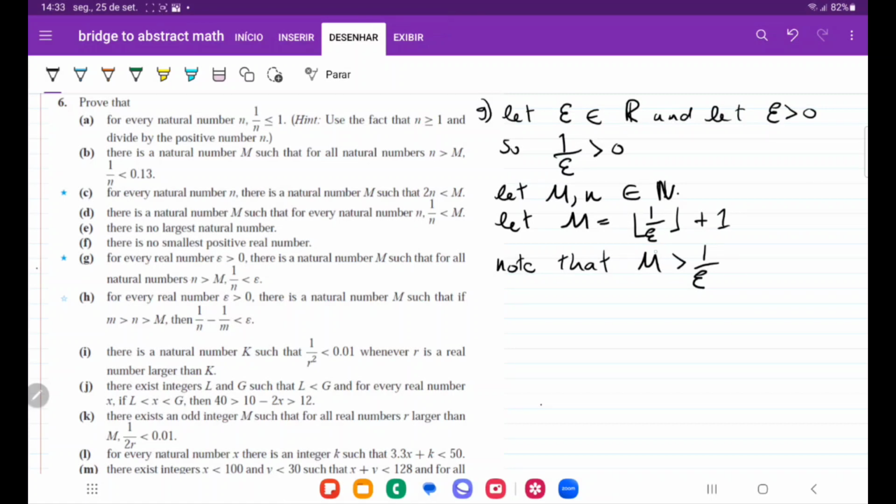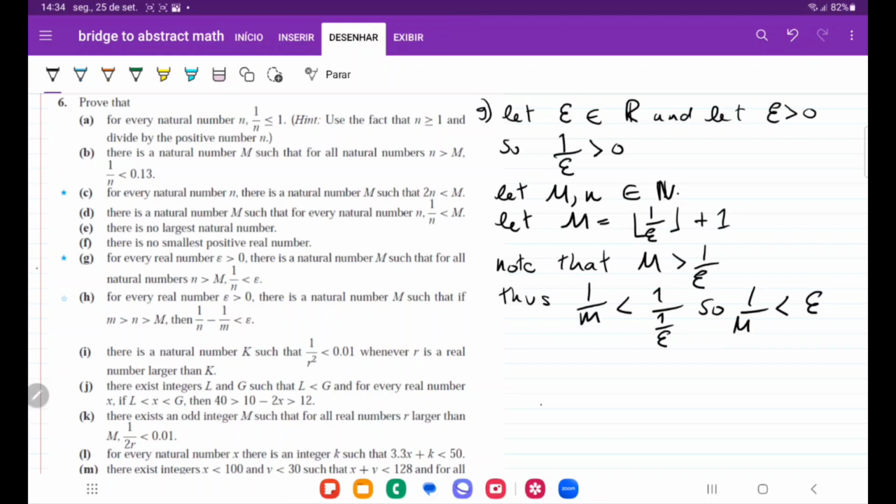So 1 over epsilon is the integer part plus the decimal, whereas m is the integer part plus 1. So m is definitely greater than, right? Thus we have that 1 over m is going to be less than 1 over epsilon, and 1 divided by 1 over epsilon is just epsilon, so 1 over m is less than epsilon.